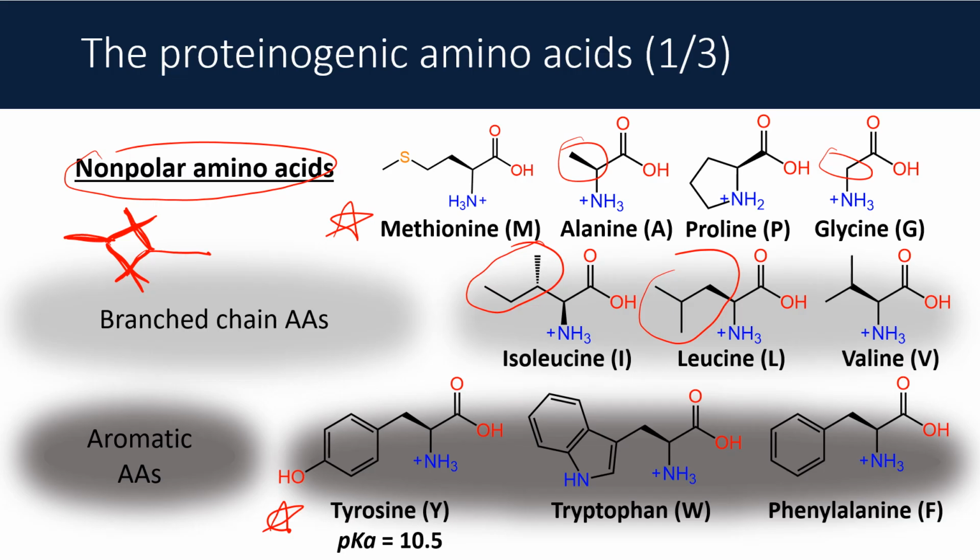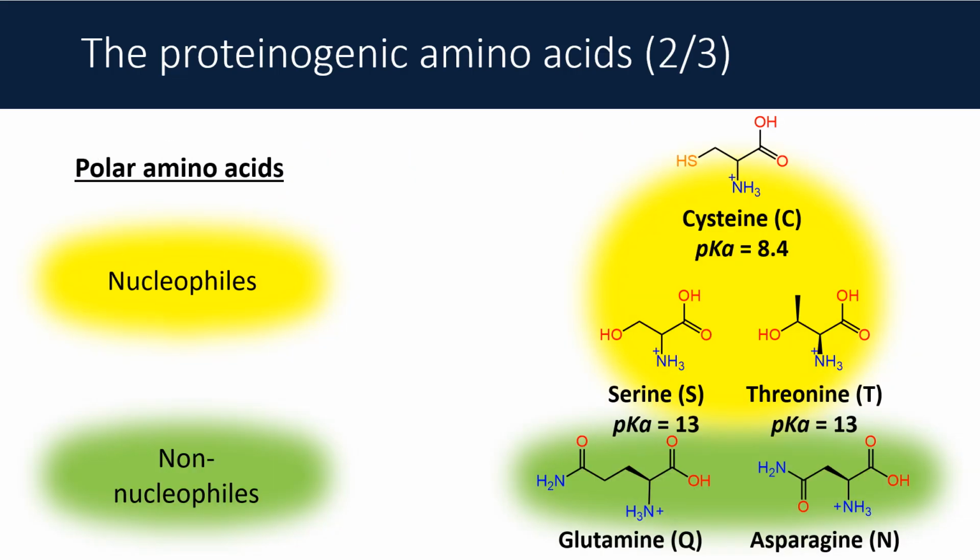most important ones. The next class of amino acids have polar side chains, and we can further subdivide these into the nucleophiles and the non-nucleophiles. Within the nucleophilic camp, cysteine may be a familiar residue.